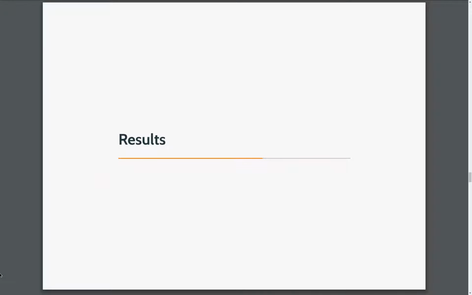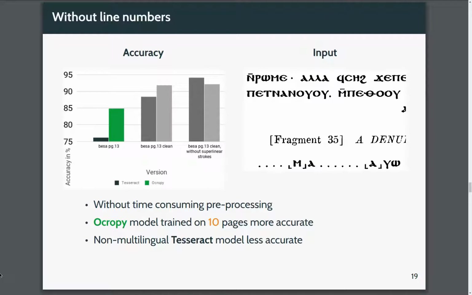Our results. We created neural-based Occupy models by training with 10 transcribed pages. And we found out that by training with 10 transcribed pages, we already get better results than with solely Coptic Tesseract models, even though there are only a few non-Coptic letters present in the pages.